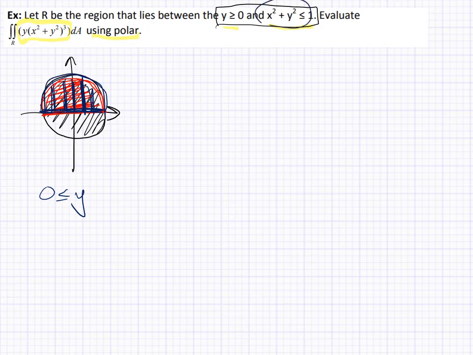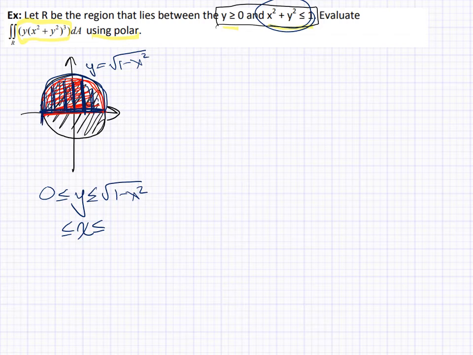That curve is the circle. In terms of y, it would be y equals the square root of 1 minus x squared. So I could say the square root of 1 minus x squared. X, in order to fill all that space in, goes from here to here. So that would be negative 1 to 1. And so that's one way I could define this region in terms of x and y.